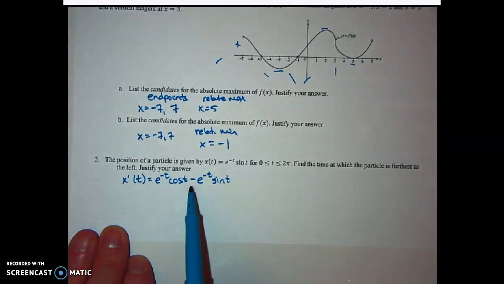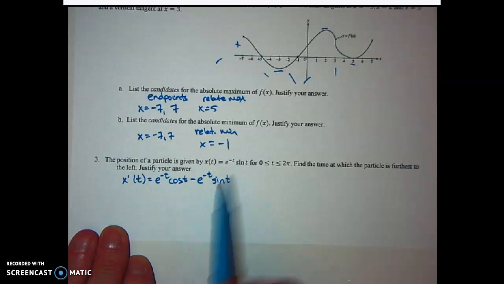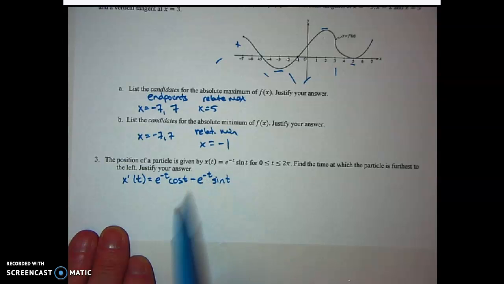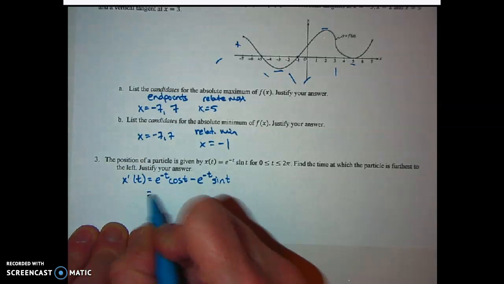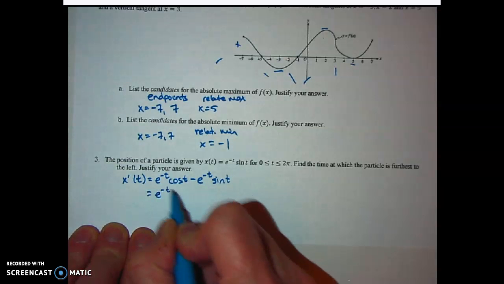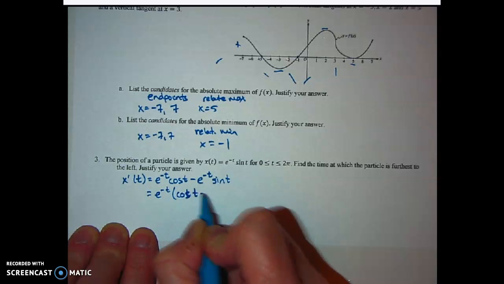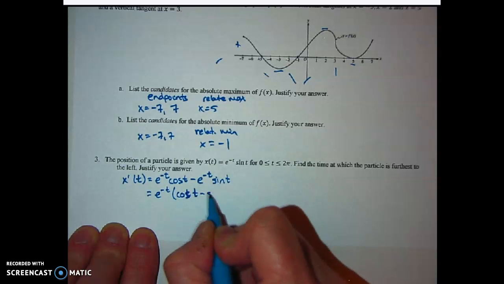So 1 prime 2 plus 2 prime 1, where the sine we kept the same. The derivative of e to the negative t is e to the negative t, but the derivative of the negative t is negative 1, which makes that negative. We're then, to make this a lot easier, going to factor out that e to the negative t, because if you'll remember, e to the negative t is simply a constant.